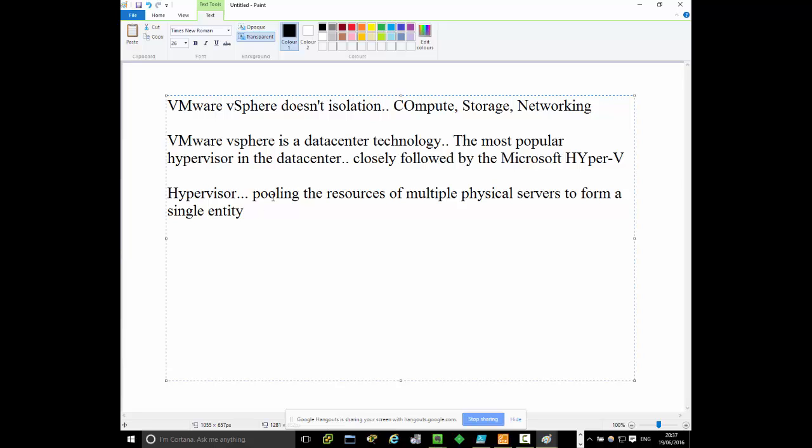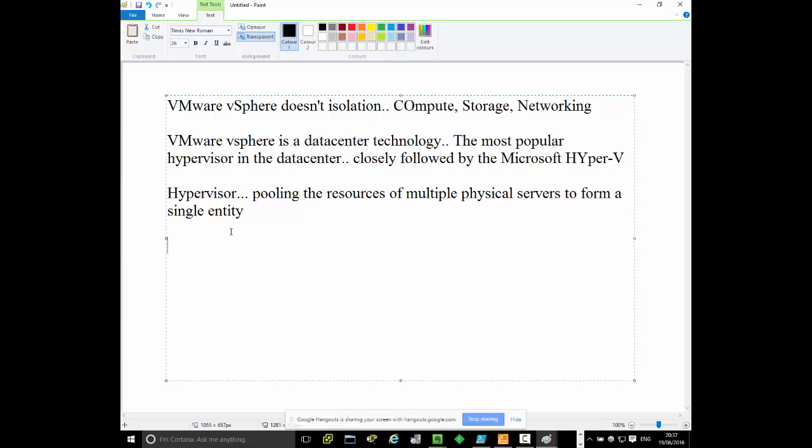One of the things I wanted to mention is that it's not just about virtualizing infrastructure anymore. That was what it was about when VMware vSphere first came out. But it's not just about installing hypervisors on physical servers anymore. It's way more than that now.